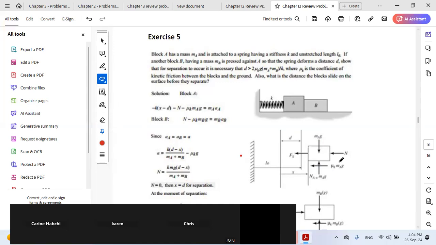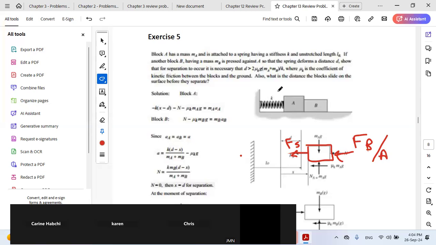And look, along the y direction and the x direction, what do you have? If you take this block as the system, if you consider block A, you have the spring force acting on it, you have the action of B on A, so this is the force of B on A, and you have the friction with the ground.